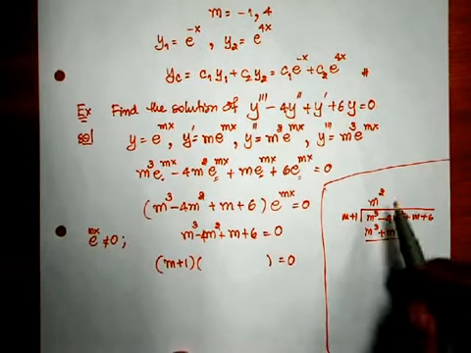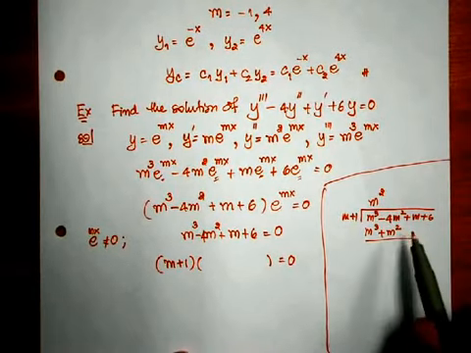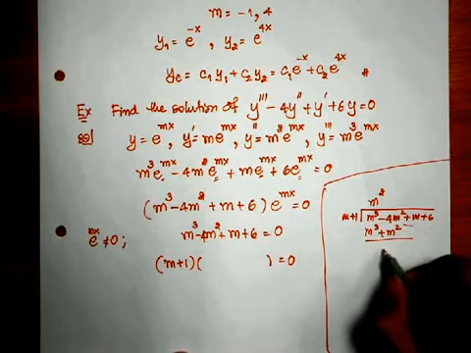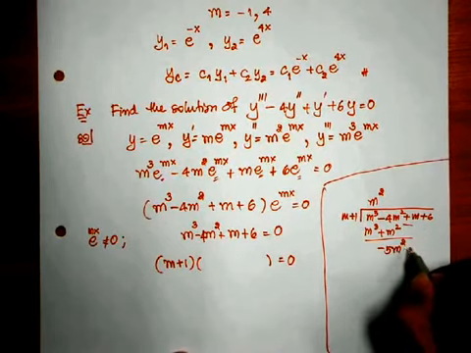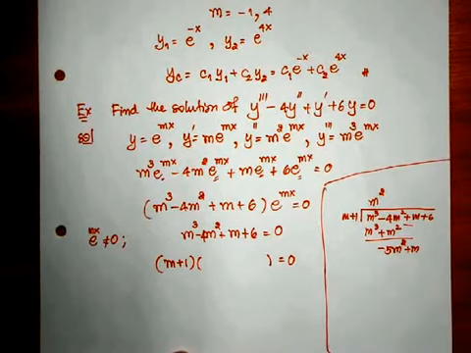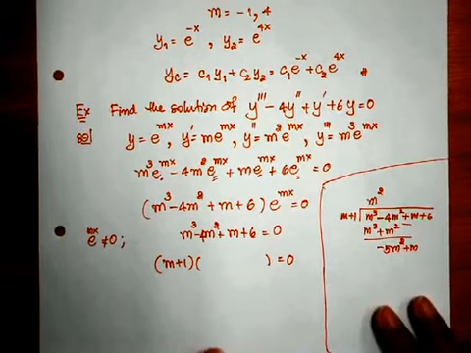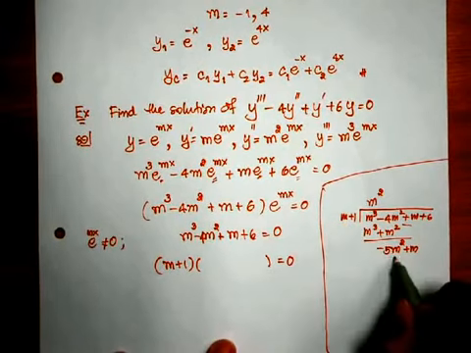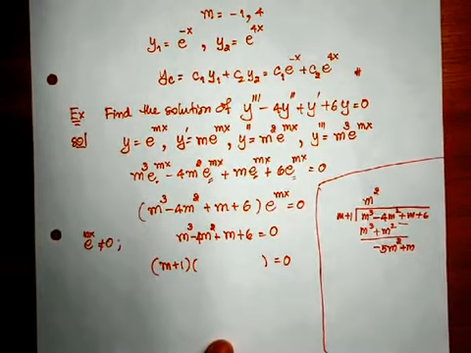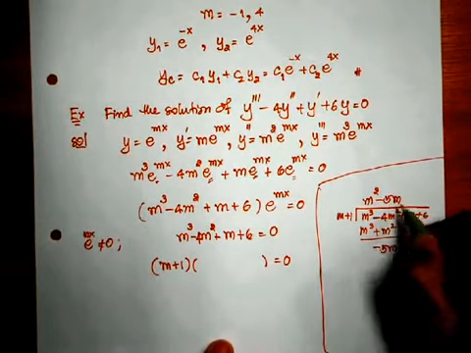Then minus 4 m squared minus m squared is equal to minus 5 m squared. Again, find the number which times m is equal to minus 5m squared, which is minus 5m.